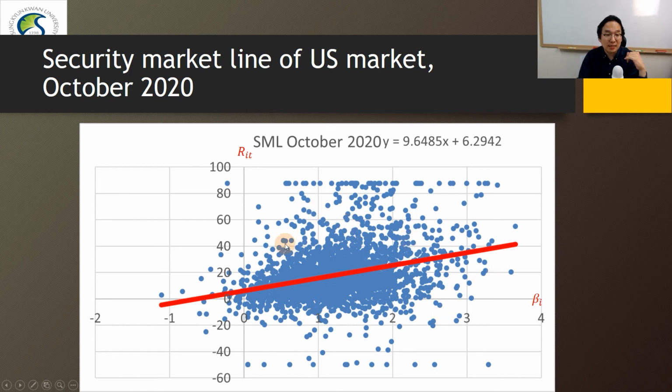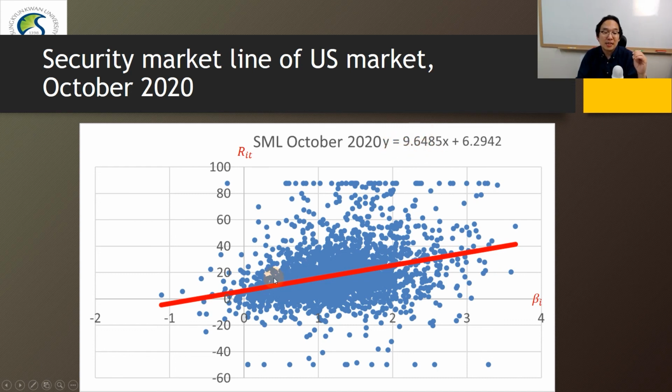And then it shows like this. If I run a regression based on this scatter plot, I can see that the slope is nicely positive. So I see higher risk, higher expected return, high risk, high return being realized in the month of October 2020. Okay, this is the security market line that we've been studying, right, in financial management class. You see the slope term over here.